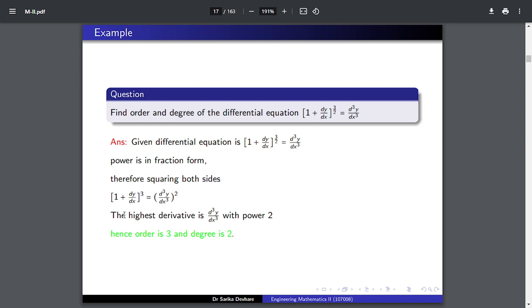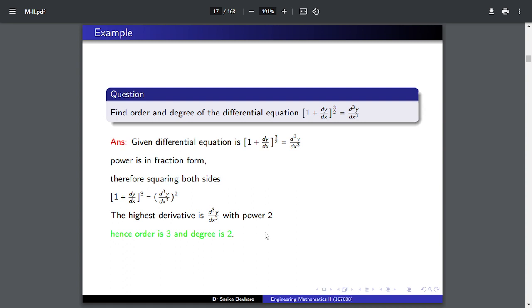Now the highest order derivative in this differential equation is d3y by dx cube, that is third order. The power of this third order derivative is 2, and therefore the order of this differential equation is 3 and the degree is 2.